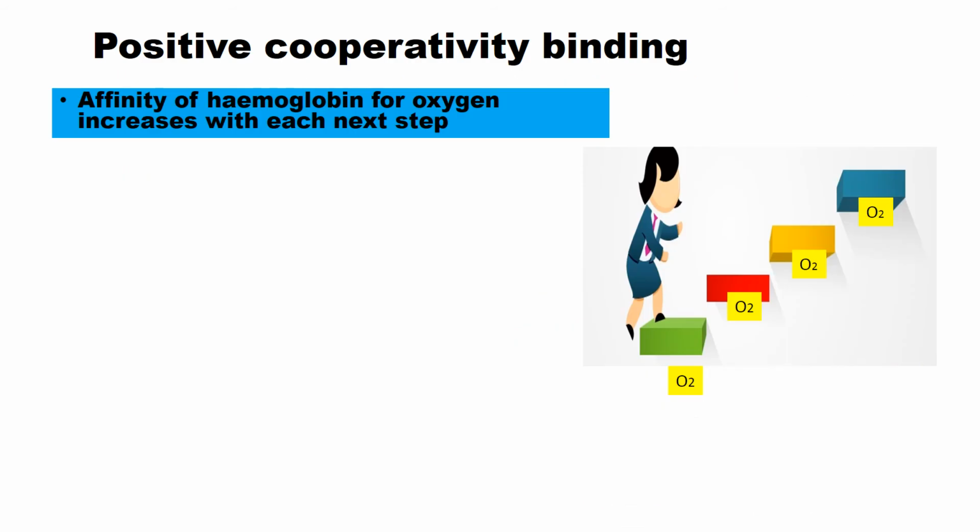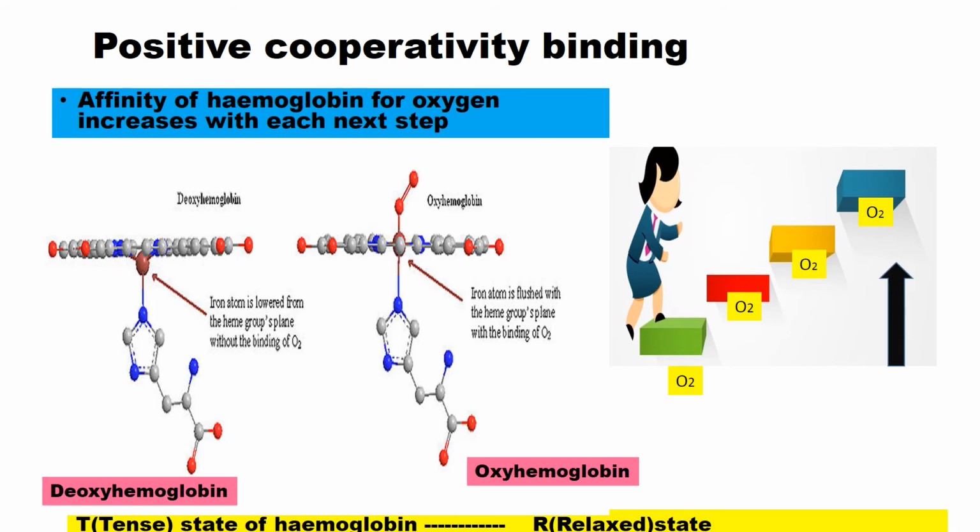Whenever oxygen binds with the hemoglobin at the first step, the affinity of hemoglobin for the oxygen increases with each next step, because the deoxyhemoglobin units were tightly bound in a tense configuration, and now when oxygen binds to it, the configuration is changed and it becomes more favorable for the binding of oxygen.